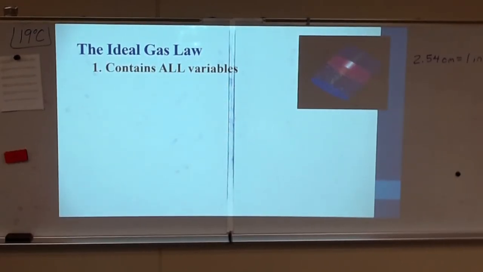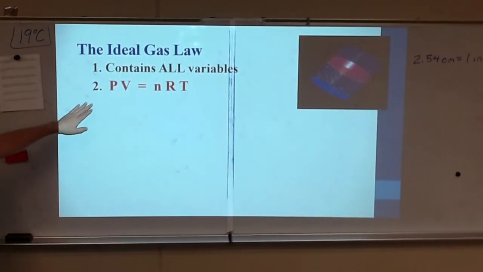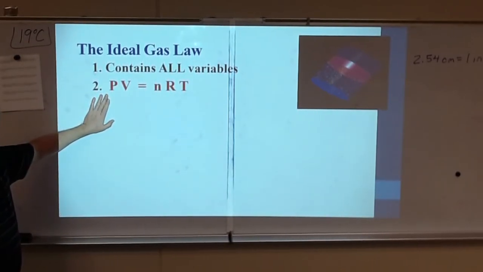All right. The ideal gas law contains all of the variables. The one thing we haven't talked about with the combined gas law is moles, in other words, the amount of gas. We're going to start considering it now. PV equals nRT. Now, y'all know what P means. That's pressure.